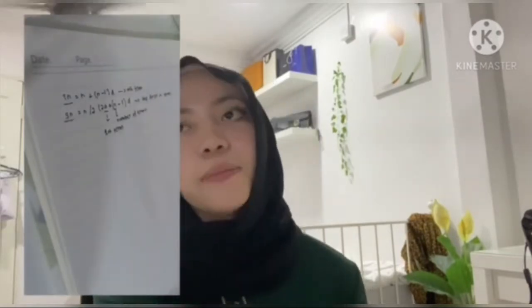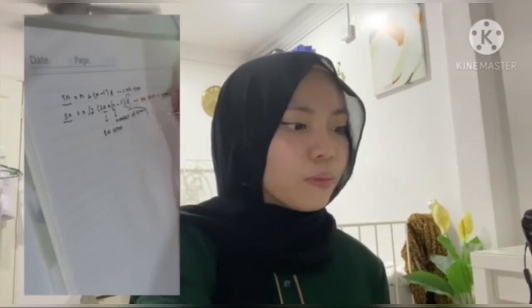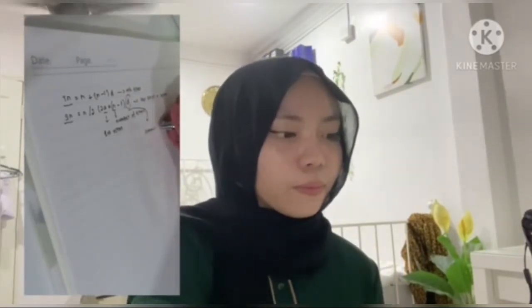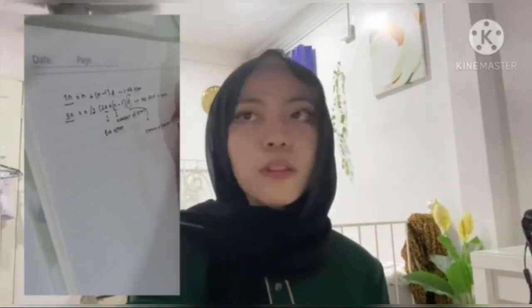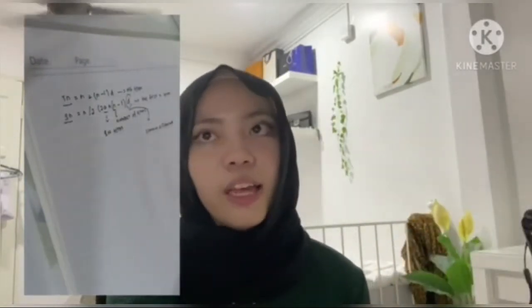And d is the common difference. And the last one is l, which is the last term. So this is the formula that we have in the arithmetic sequence, and that is all for me.